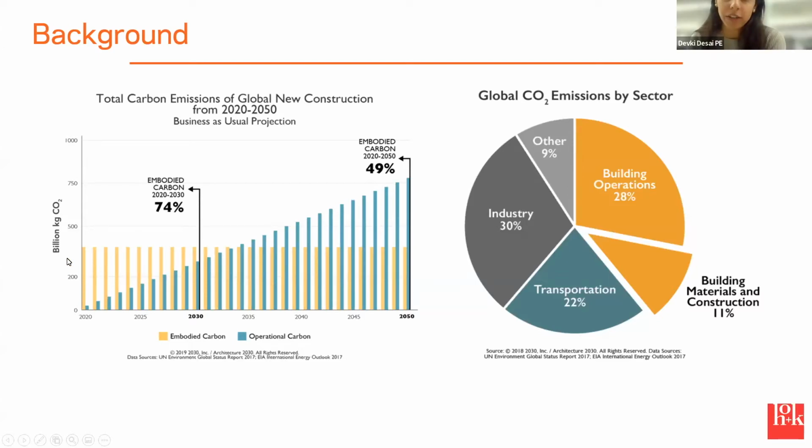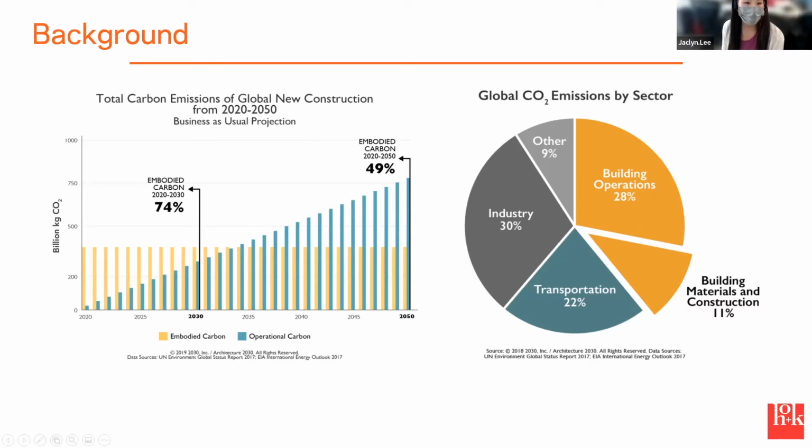Another note about this graph: it shows the time value of carbon for just one building. If we're looking to reduce 50% by 2030, 74%, almost two thirds, of that building's carbon is all embodied. So it's important to keep in mind when we're trying to reach these target dates that just a few years into the building's service life, it's mostly the embodied carbon that's going to dominate.